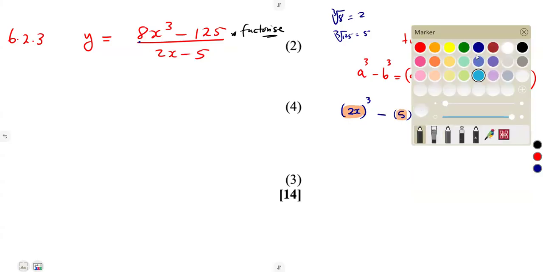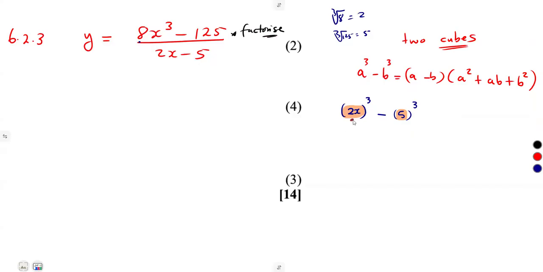So if this part here represents A and this represents B, it follows that our factorization is going to be A minus B. First term minus the last term that you're given.